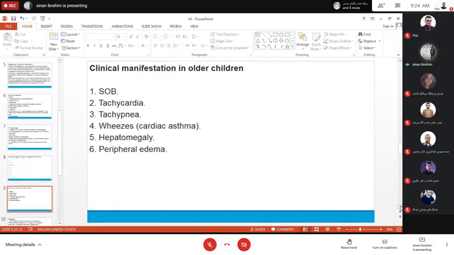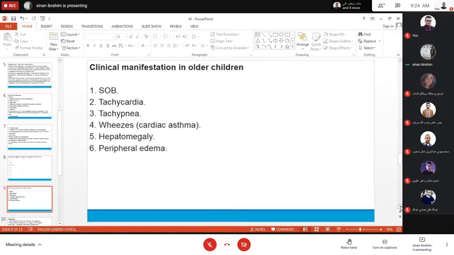What about the clinical manifestations in older children? The patient will develop shortness of breath, also tachycardia, tachypnea, and hepatomegaly. Also, due to bronchial congestion, may develop wheeze, we call it cardiac asthma, and lastly, peripheral edema.